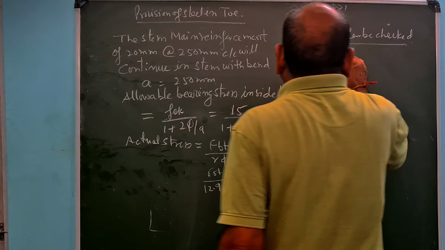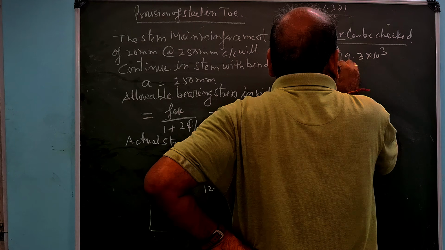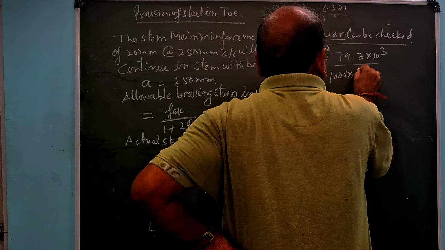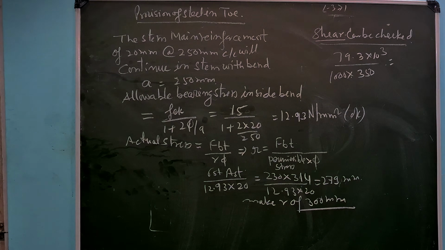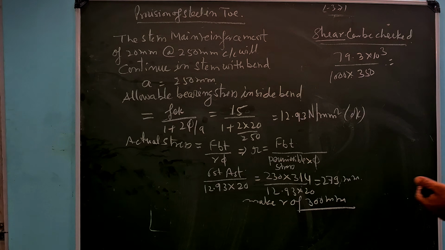That is 79.3 into 10 to power 3 divided by BD, 1000 into 350, correct. So this will be your value. We are getting this value 10 to power 3.225. So this is stress, shear stress.